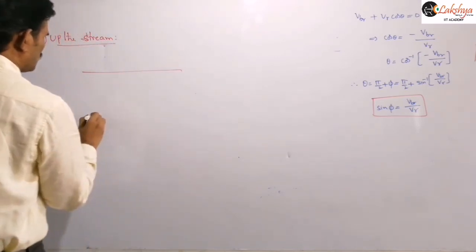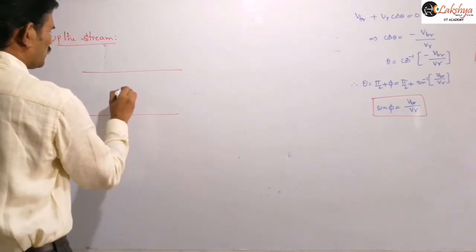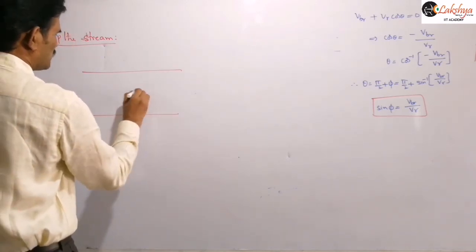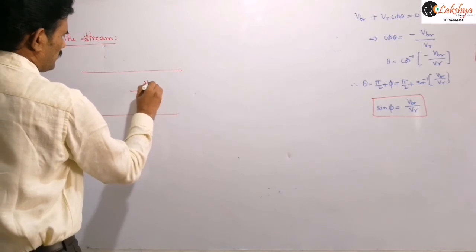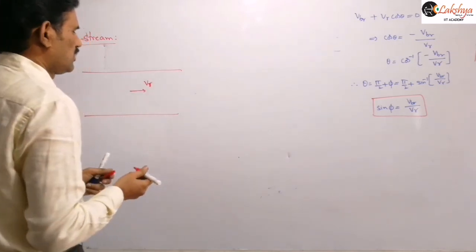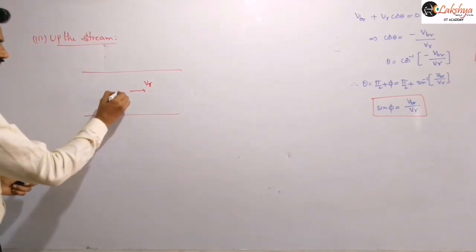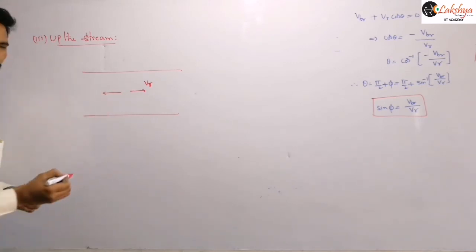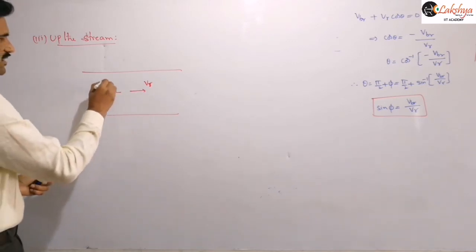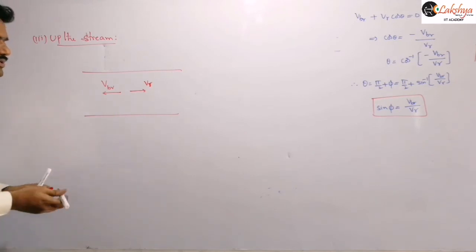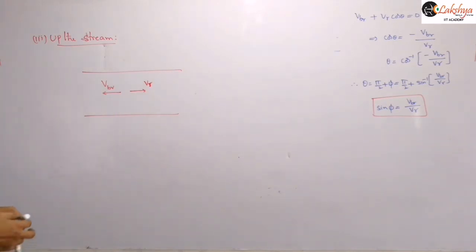Suppose a river is flowing along this direction, and this is the velocity of the river, VR, along this direction. Now the boat or the person will travel opposite to this. If the person is traveling opposite to the direction of the river flow, then we call it up the stream.